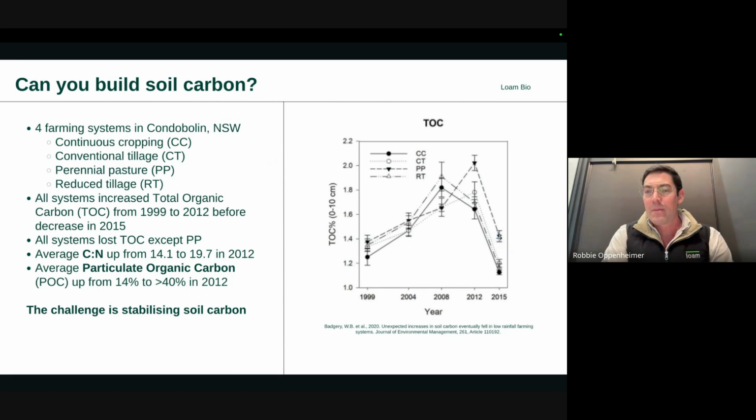And so what's really interesting and insightful, if you dig through a paper like this, if you go through the detail, they also indicate why this happens. Some of the specific parts which are interesting are noting that the carbon to nitrogen ratio in that soil increased from about 14 in 1999 to about 19 or around 20 in 2012 before this subsequent collapse.